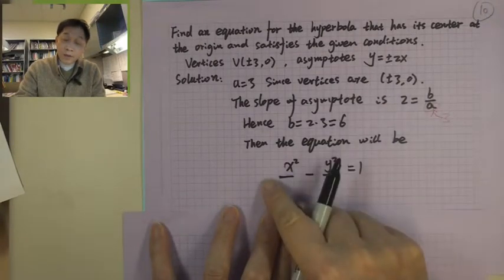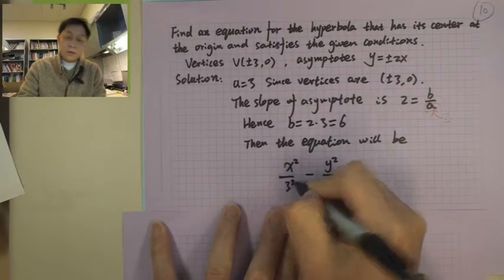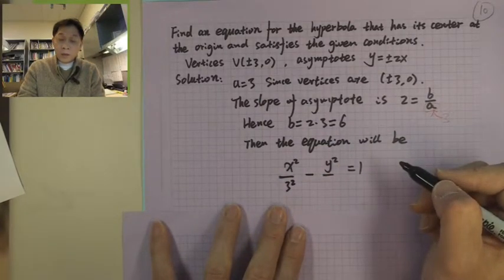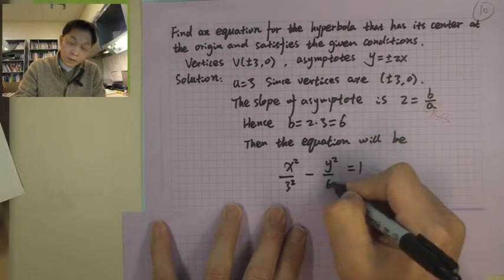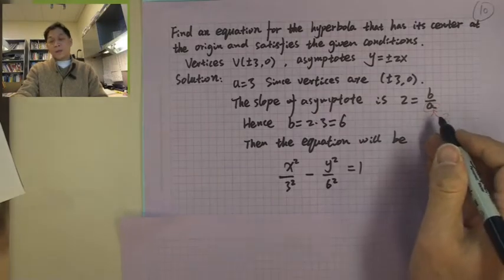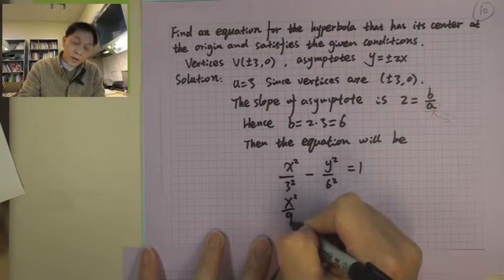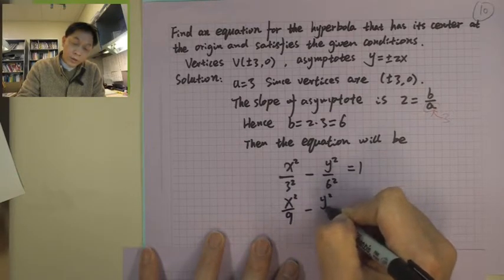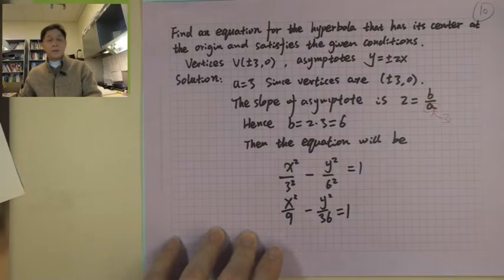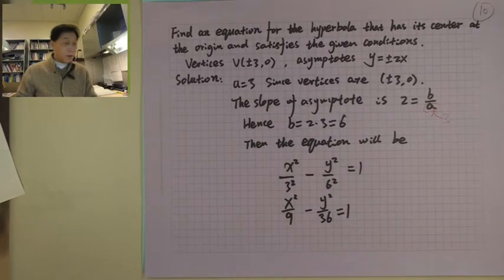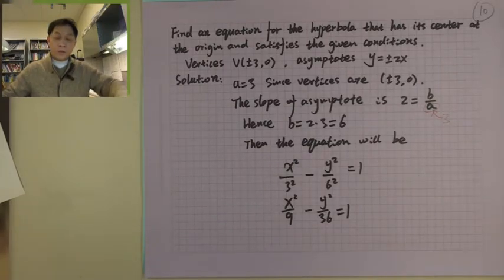And whoever is a goes under the positive term, so 3 goes under x and b is 6 under y. So the final answer is x squared over 9 minus y squared over 36 equals 1. This will be the third example. Alright, I'll see you next time.